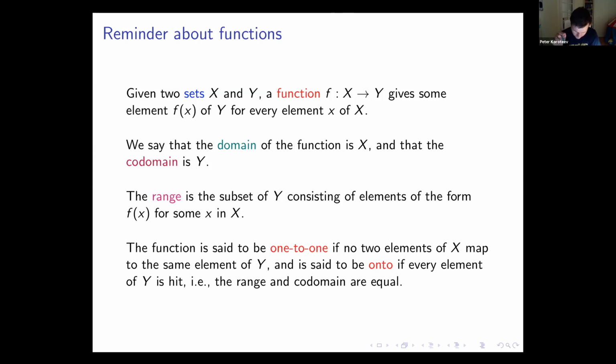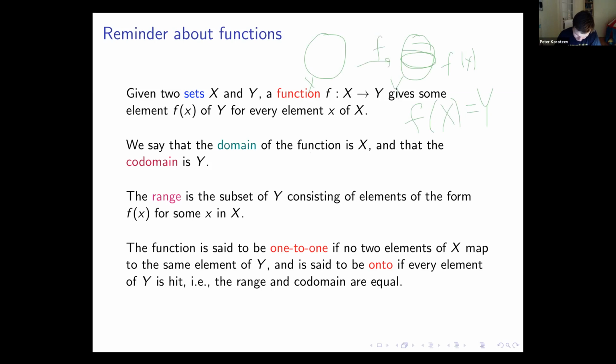Yeah. So it's one-to-one if two elements are sent to different ones. And then, what is the range? So x can go into, say, f of x, right? And we say that the function is onto if f of x coincides with y.